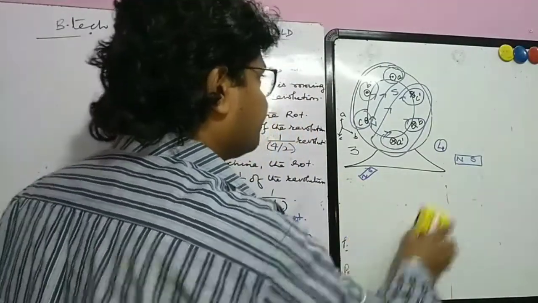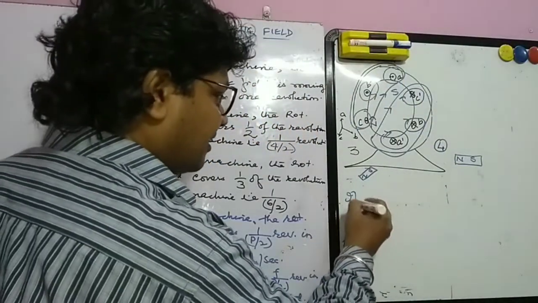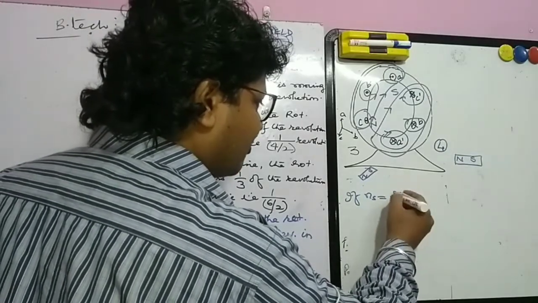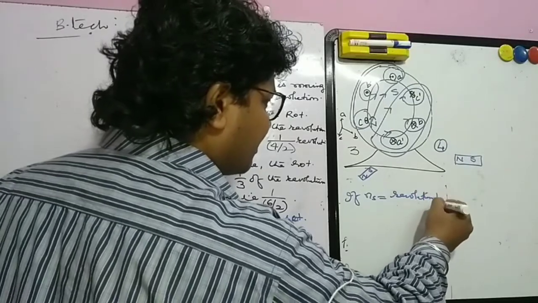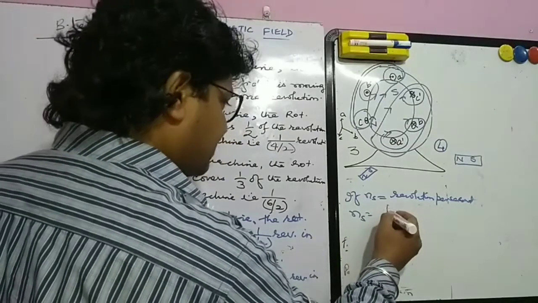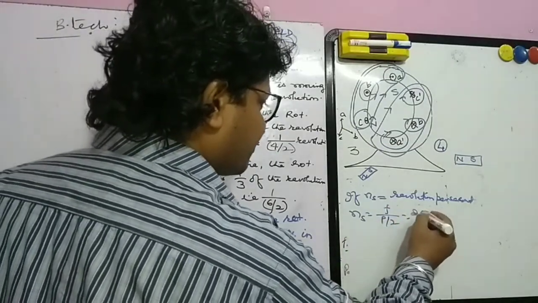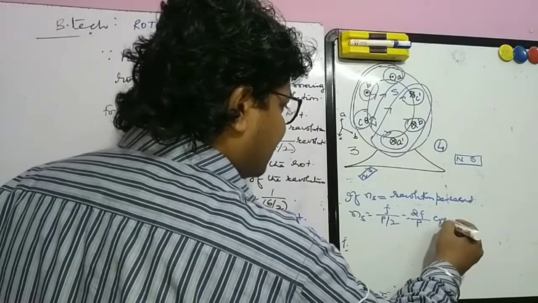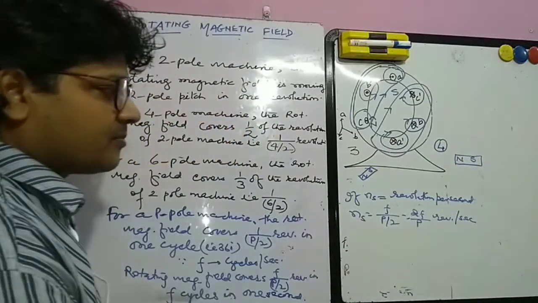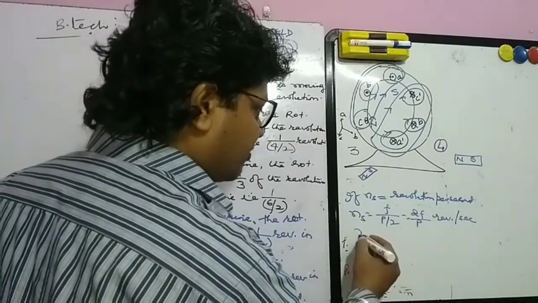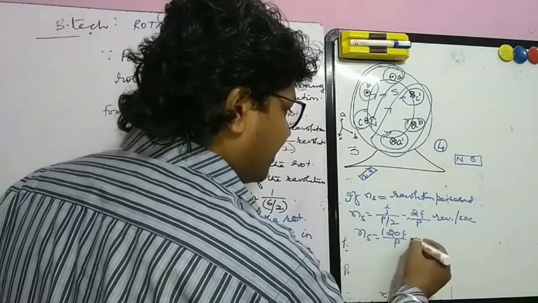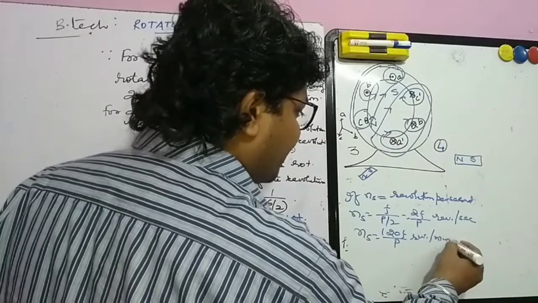If ns is revolution per second, then ns is equal to f/(p/2), so this will be 2f by p revolution per second, and if we convert into minutes, this will be equal to 120f by p revolution per minute.